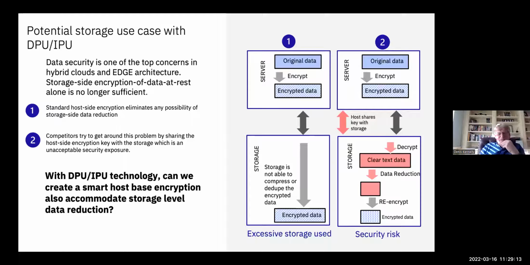Maybe Vincent, you want to go a bit deeper on that and talk a little bit more without getting into too much of the IP detail? Yeah, so this is a real problem, right? For the last decades, people have been comfortable with data encryption for data at rest. But everybody knows that in terms of end-to-end security, that is no longer sufficient. More and more people look at higher-level encryption.